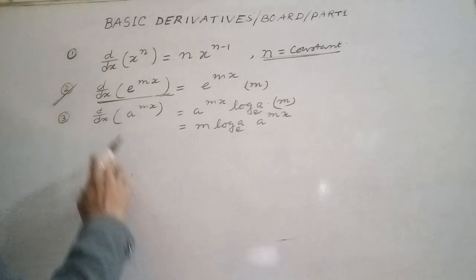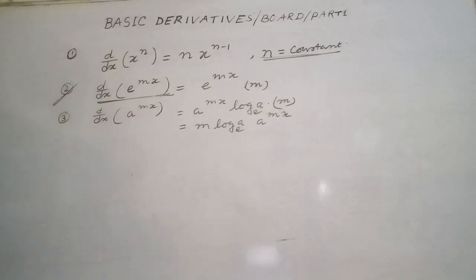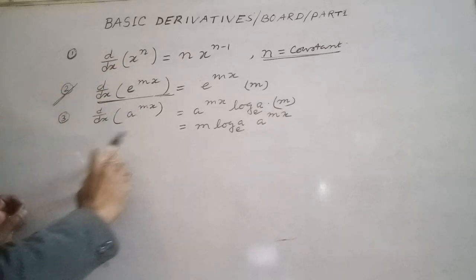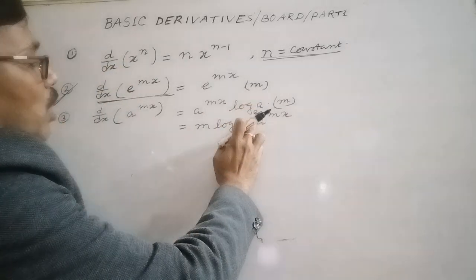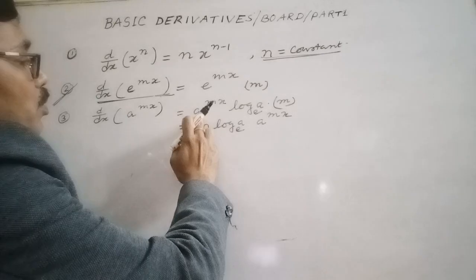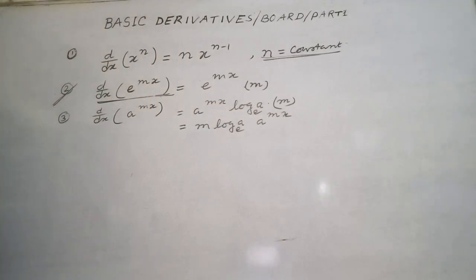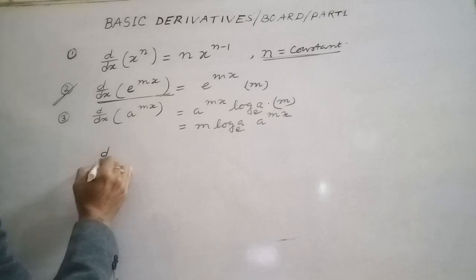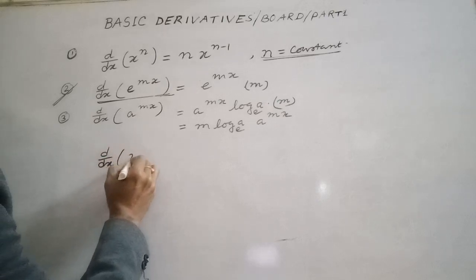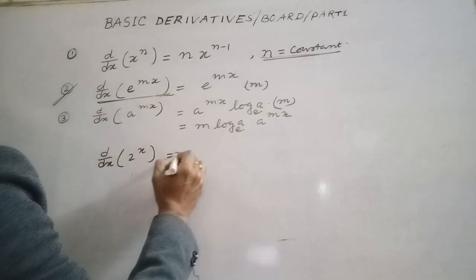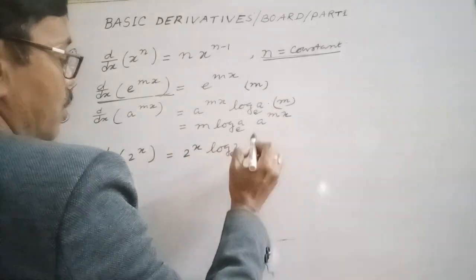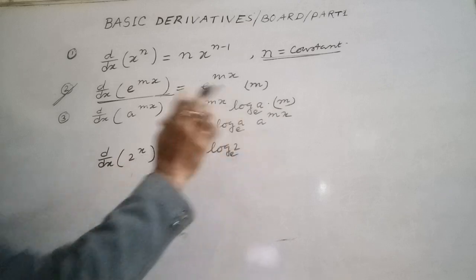So this formula is not applicable here. Look, d/dx of a to the power mx: if a equals e, you get the second one. You know log e is 1, so m into e to the power mx. Application: d/dx of 2 to the power x is 2 to the power x into log 2 into the coefficient of x, which is 1.